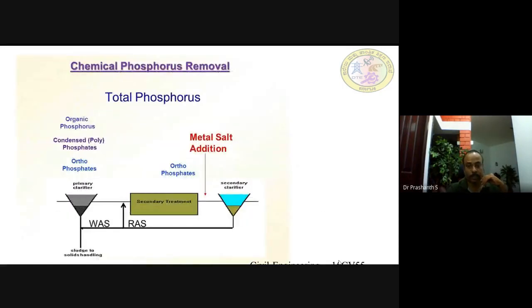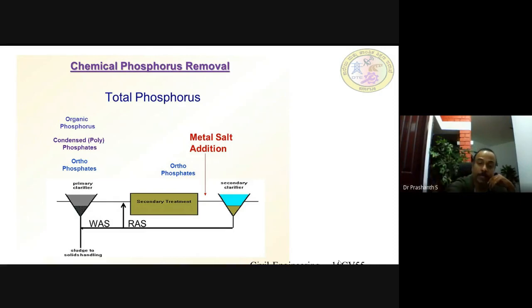Sorry, before going to that, let me show the chemical phosphorus removal flow chart. Here, the wastewater from the primary clarifier is used, and the secondary treatment is done. The wastewater coming out of the secondary treatment definitely has these orthophosphates, and that has to be removed, which we call advanced wastewater treatment.